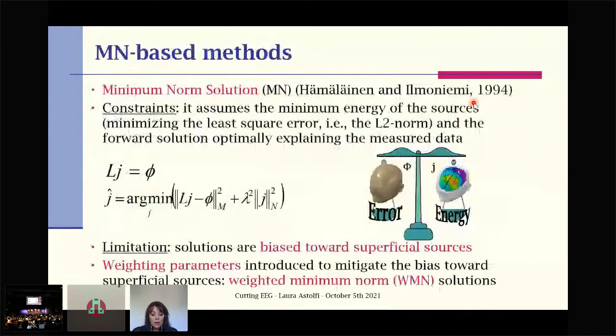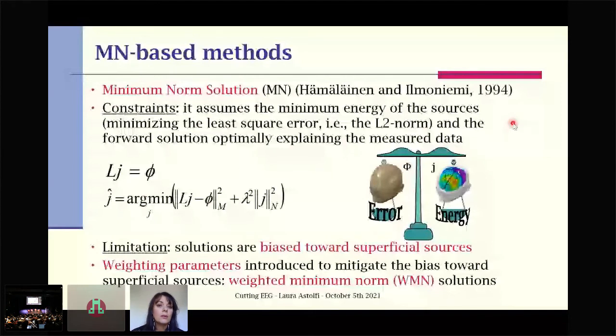I would like to give you a short overview of the main methods and the main approaches that are used to solve this inverse problem. I will not focus on all possible methods because there are a lot of them, but I will try to give you an idea of some examples of different families of methods based on different approaches.